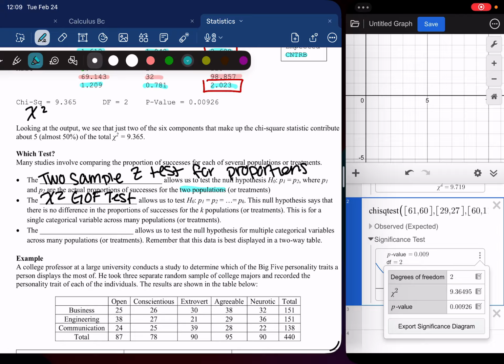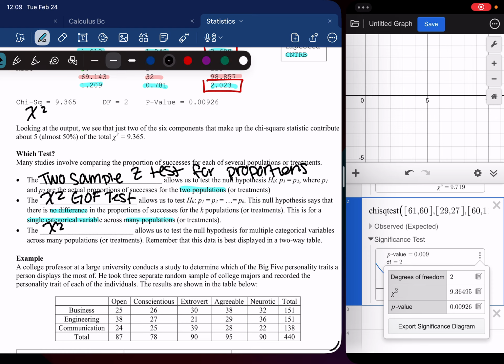This null hypothesis says that there is no difference in the proportion of successes for K populations. This is for a single categorical variable across many populations. It only deals with one categorical variable, but it covers many populations, and we're saying that there's no difference in several proportions, not just two.